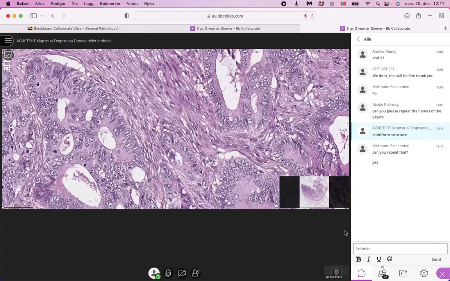This is a cribriform structure. It looks like a Swiss cheese. So finally, based on this description, when the tumor forms tumor glands, then our diagnosis must be adenocarcinoma.